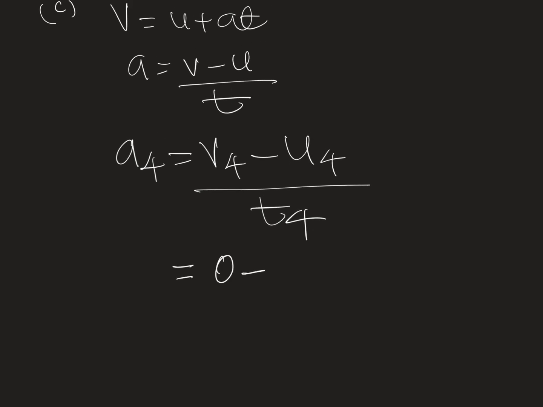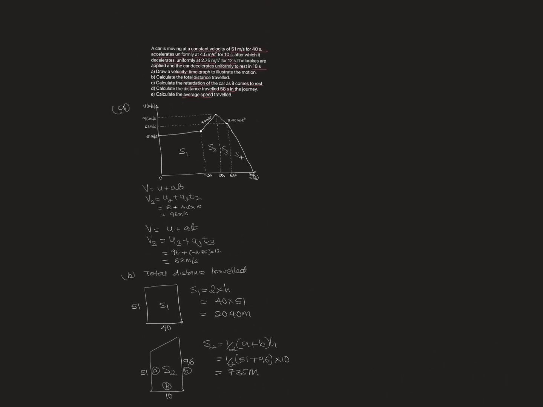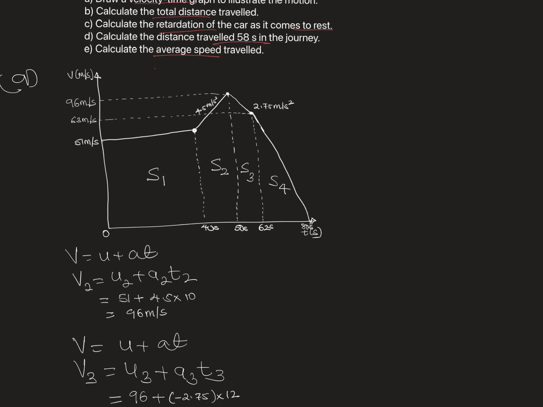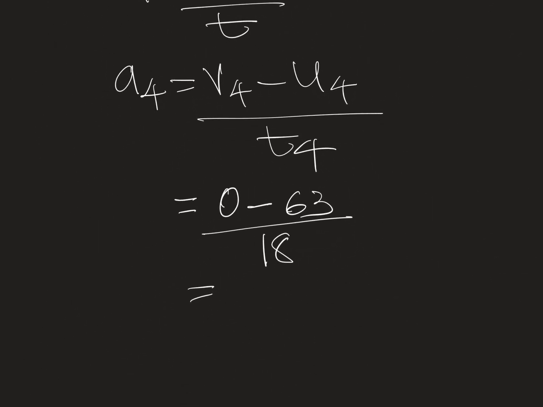The initial velocity was 63 and time is 18. Let's review the initial velocity quickly. That is here. It starts to decelerate to rest from this point, then it comes to rest here. So what was the initial velocity? 63 meters per second. So what do you get?